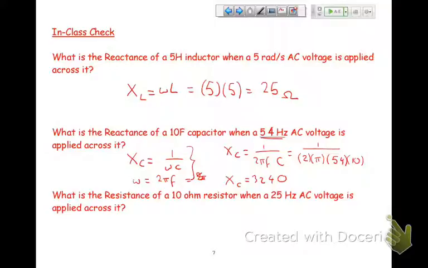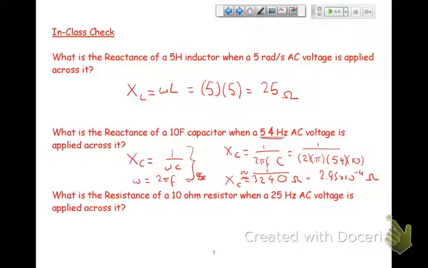I just used pi as 3. Oh, it's 1 over that. I meant 1 over that. 2.95 times 10 to the minus 4. Good, thank you.